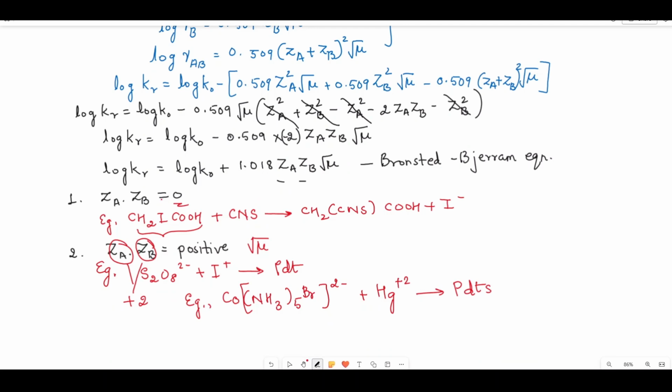Here, the value of ZA and ZB is 4. Hence, the salt effect is positive.